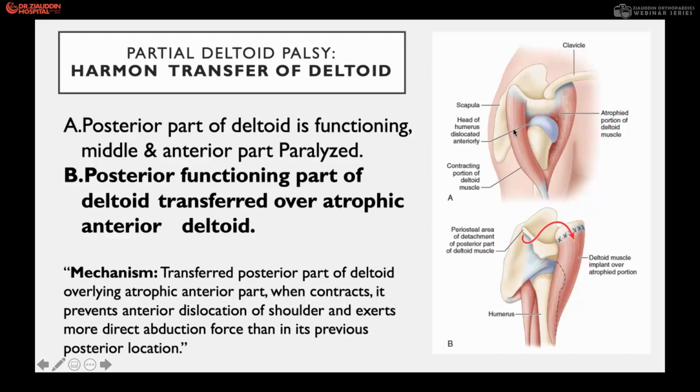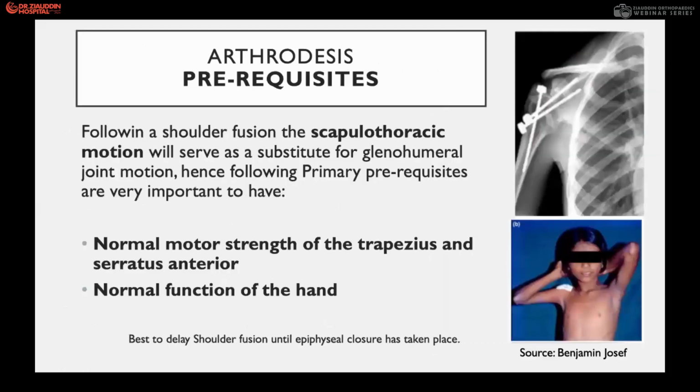This is the posterior deltoid part, which is shifted from the posterior part over to the anterior area, and it is stitched over the anterior part of the deltoid. Then it prevents the subluxation and dislocation of the shoulder joint, and also acts as an abductor to substitute the partial palsy of the deltoid muscle.